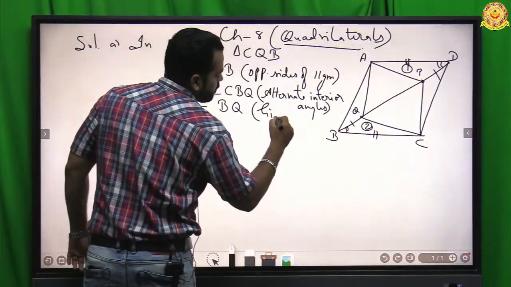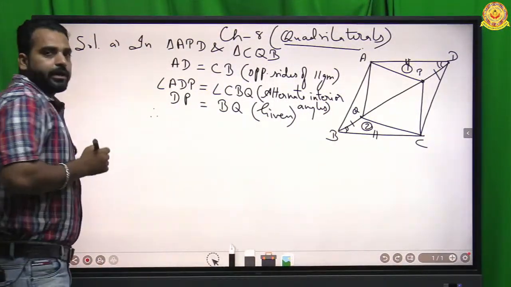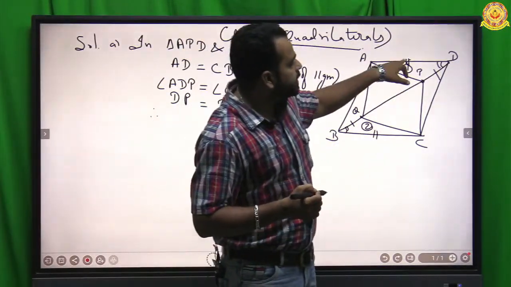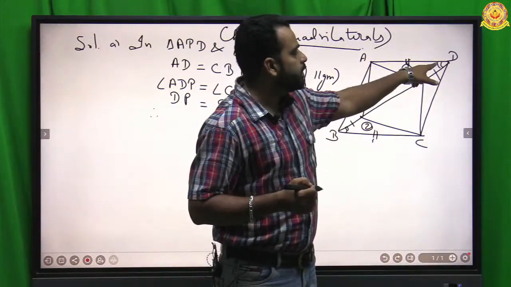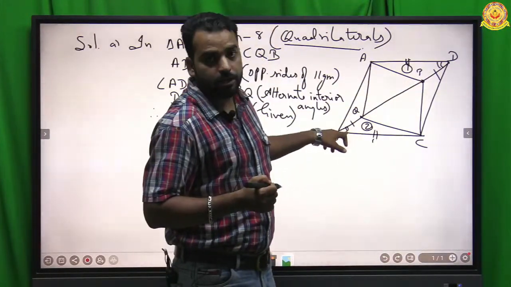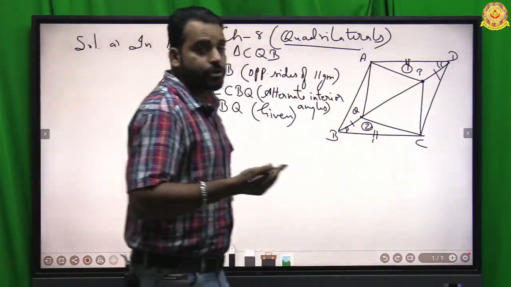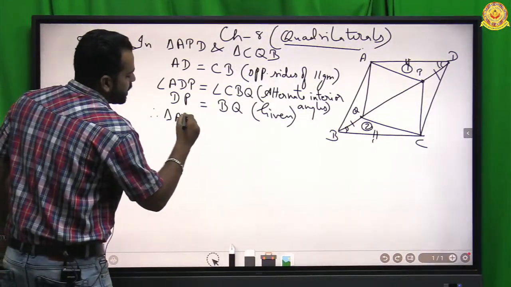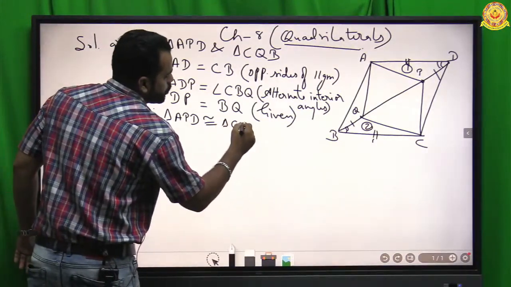Now can we say that the two triangles are congruent? As we can see here, in this triangle this side is equal, this angle is equal, and this side DP is equal to this side. So the three components are equal. Therefore we can say that triangle APD is congruent to triangle CQB.